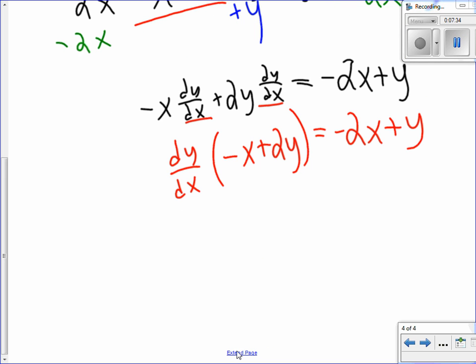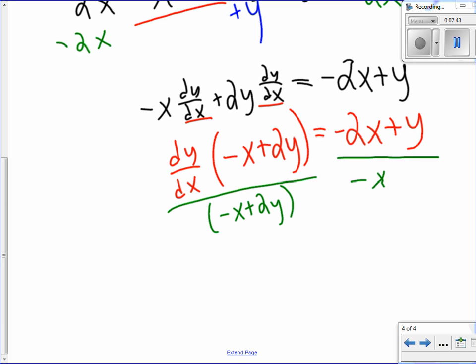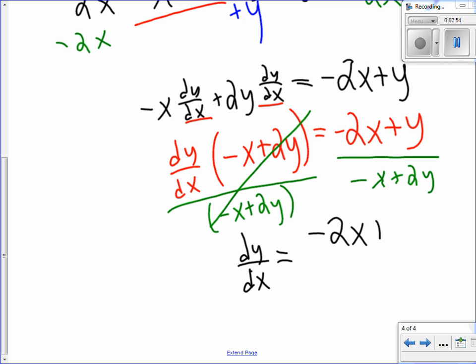So to get dy/dx by itself, I'm going to divide by this factor. So dy/dx, which is the derivative of y, is all of this stuff. And I'm not going to try to simplify it any further. I'm going to leave x's and y's in my answer. So that's it. That is the derivative.